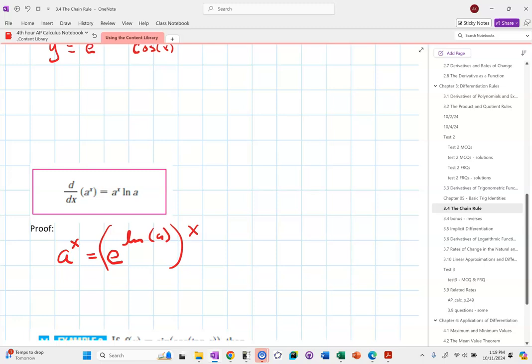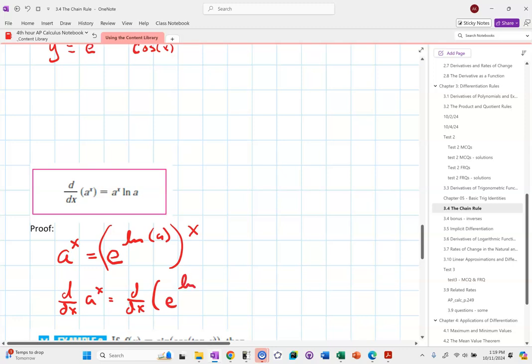So we see that this is still the same thing. Everybody agree? So if I do the derivative then of a to the x, I can do that as just the derivative of e to the ln a to the x. Actually, let's do one more simplification here before I do that. So an exponent of an exponent, how do those simplify? They multiply, yeah. So let's do that.